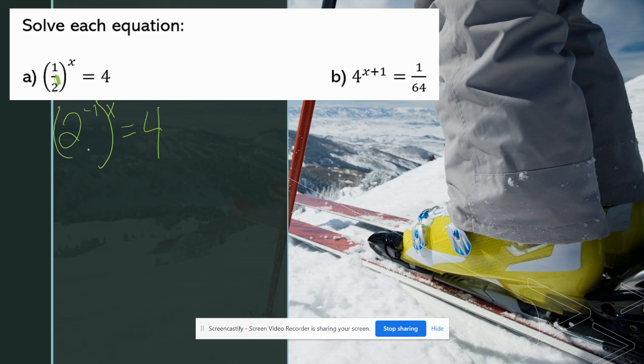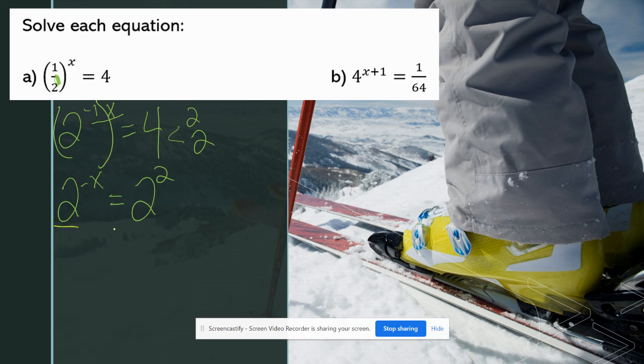Now that I've got no fraction, I have a base of 2 and a base of 4. Our smaller base is 2. Negative 1 times x is negative 1x. Can we rewrite 4? Well, we can. 4 is 2 times 2, or 2 squared.